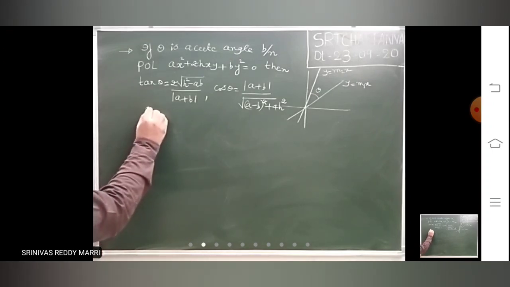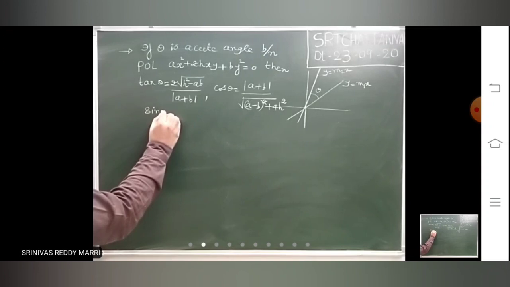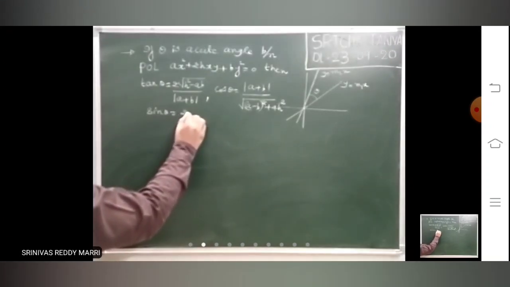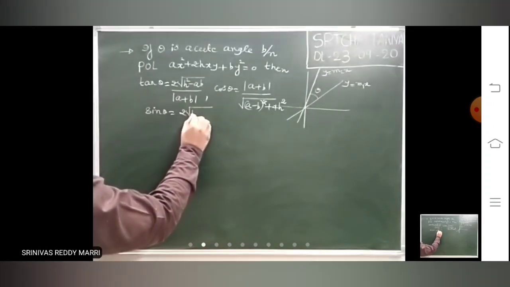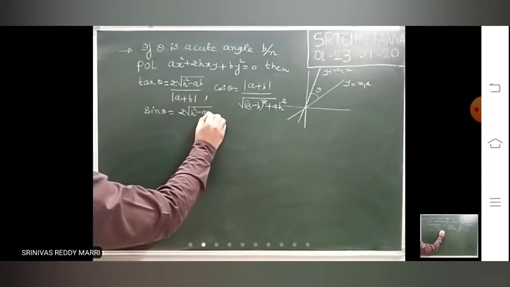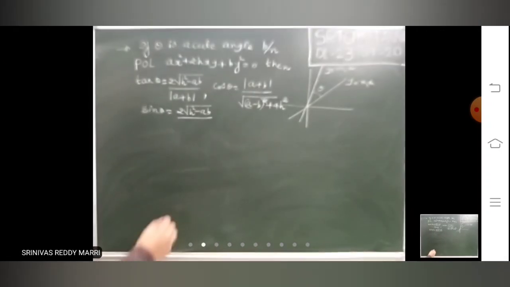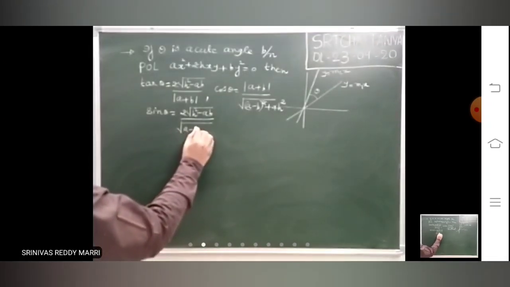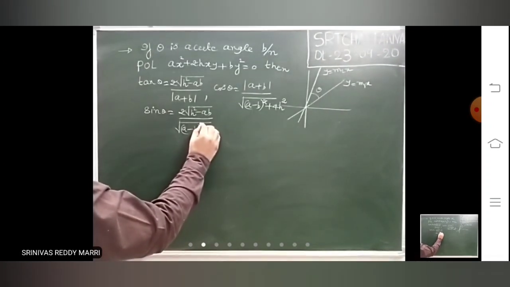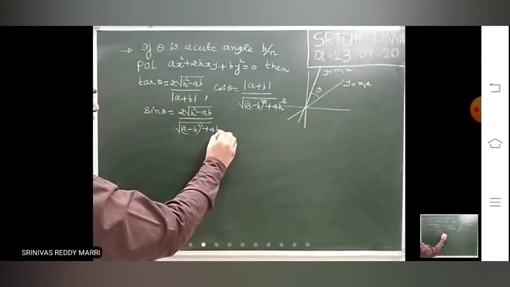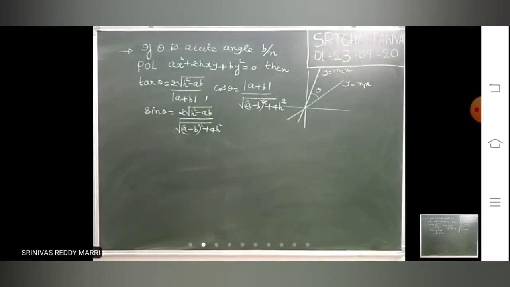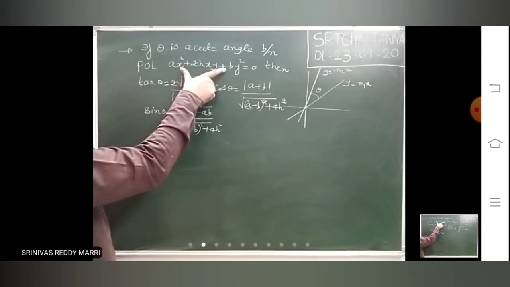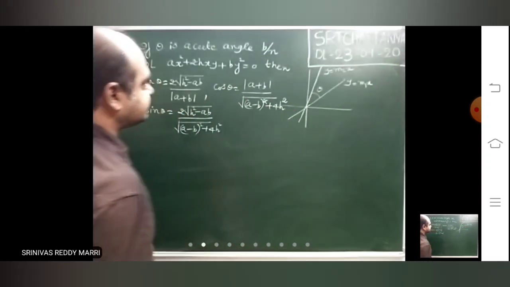Sin theta formula is 2 root of h square minus ab divided by root of a minus b whole square plus 4h square.